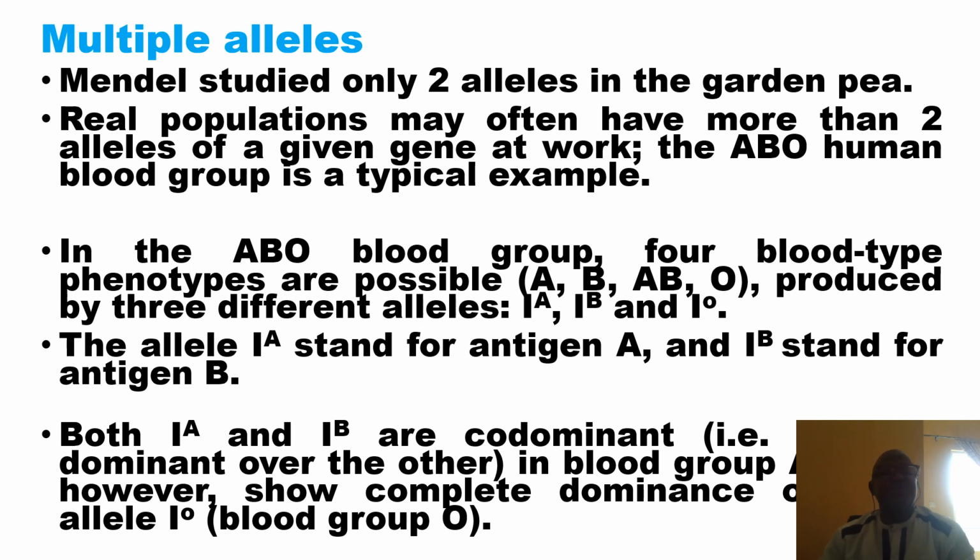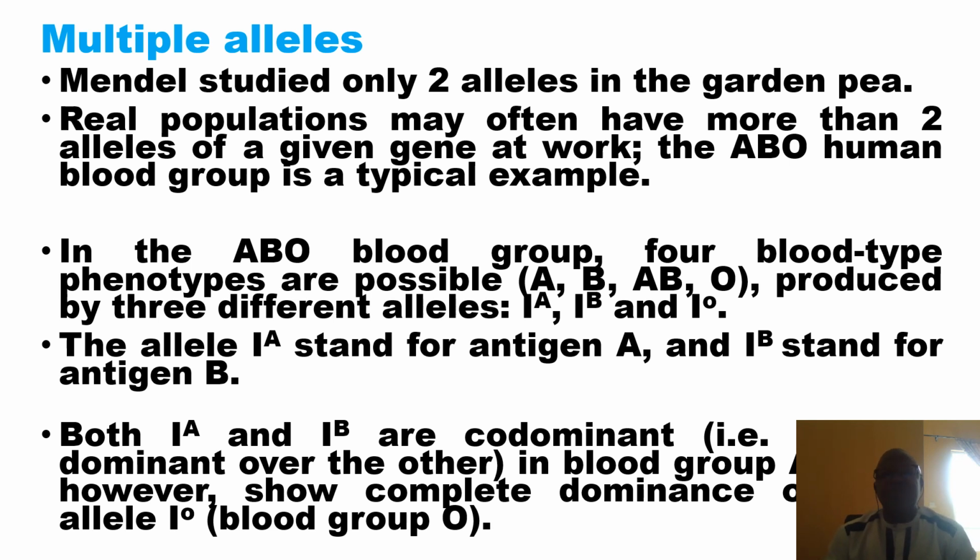Another reason found to also affect Mendelian ratios from holding true is what is known as multiple alleles. Recall that Mendel studied only 2 alleles in the garden pea, but in many real populations, there are often more than 2 alleles of a given gene at work at the same time.